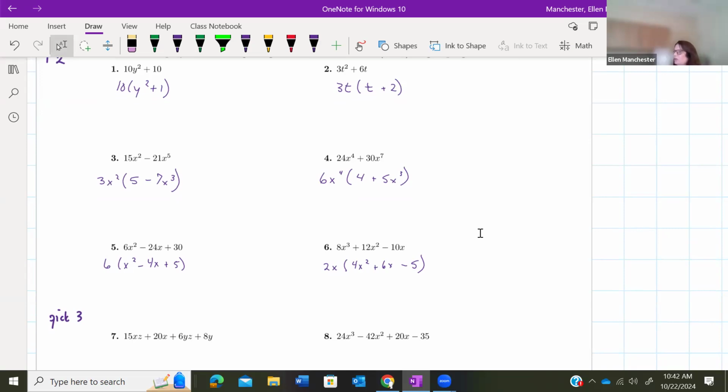Once you're done with any 2 of those, take a look and make sure that you did it right. And then once you check the 2 that you picked, go and pick 3 from the factor by grouping. And please ask me questions if you aren't sure how I got something.